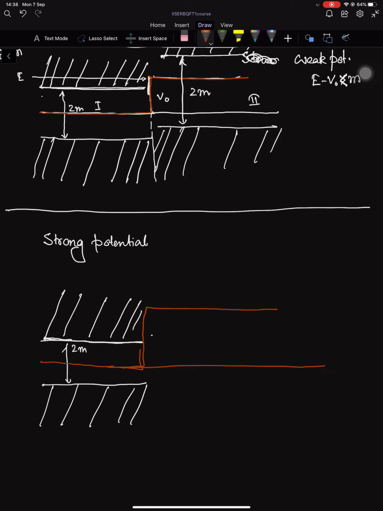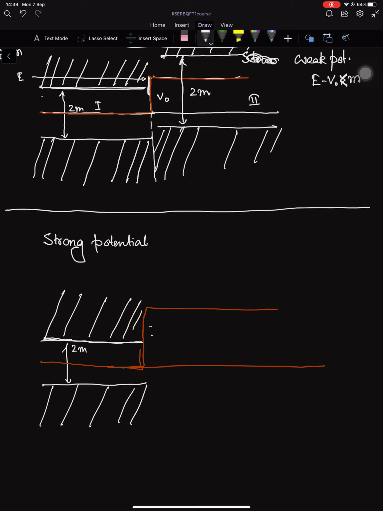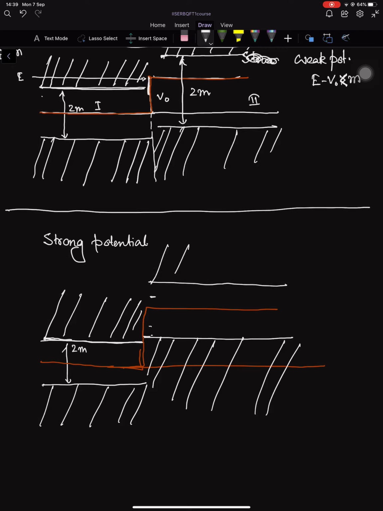Now, in this case what happens is that because this potential shifts everything upwards, the energy level has something of this form. So this is 2m.